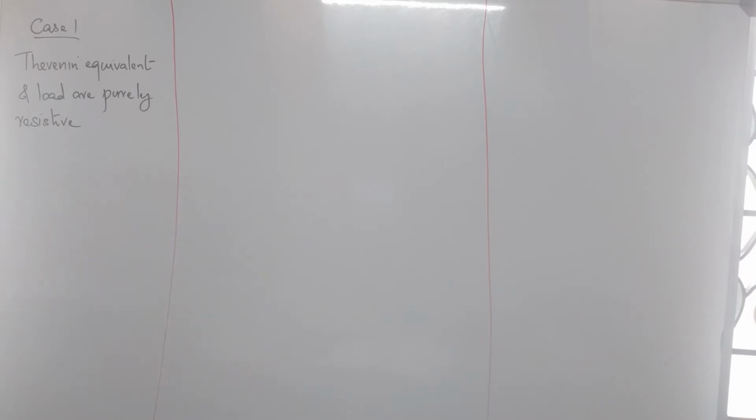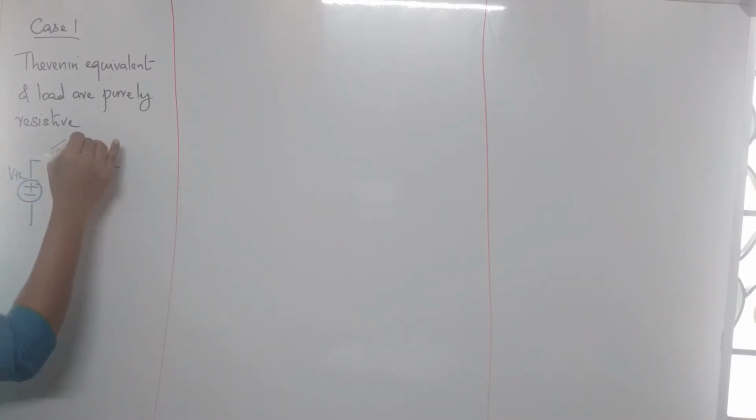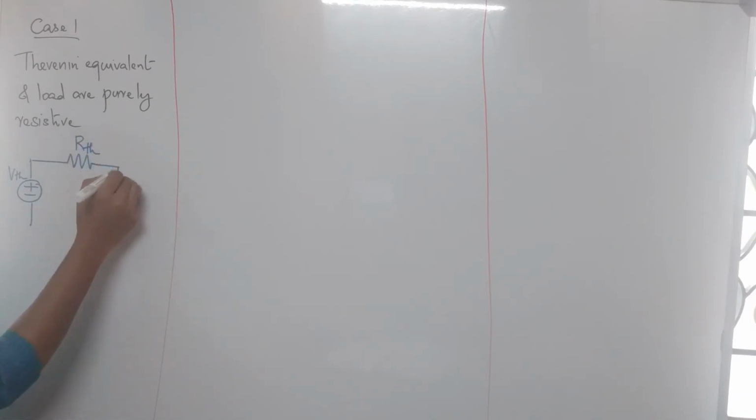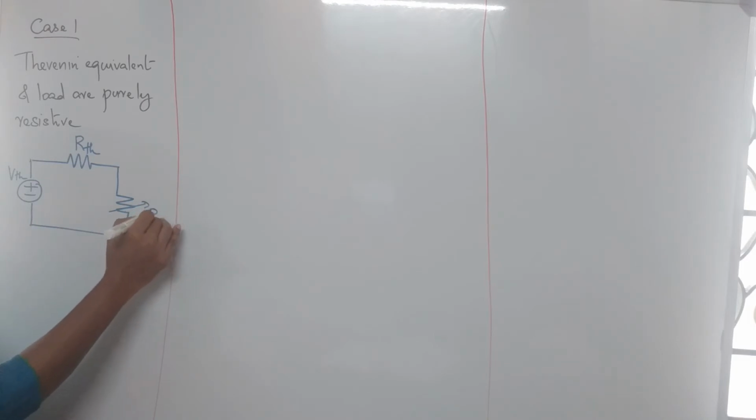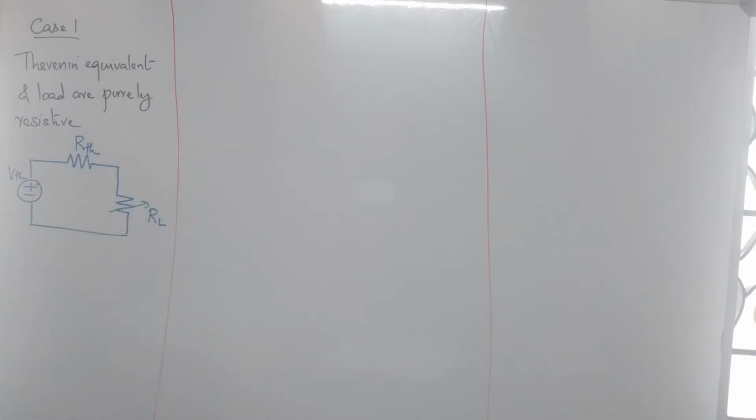So in that case, which we have seen just before, for maximum power transfer, we can draw the circuit like this. This is VTH, the Thevenin equivalent is also resistive, RTH, and we have the variable load which is also resistive, RL.